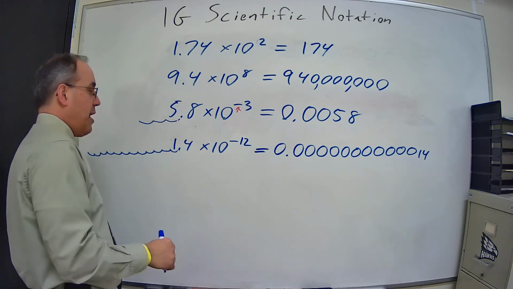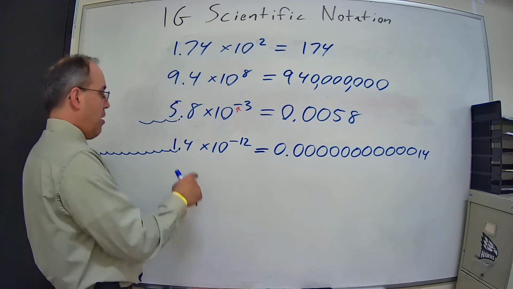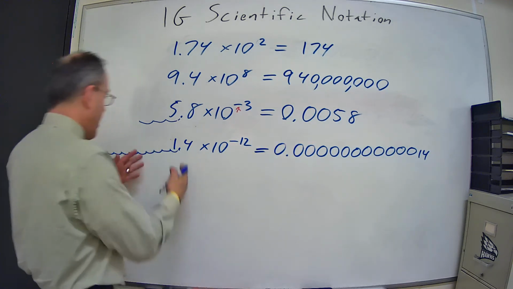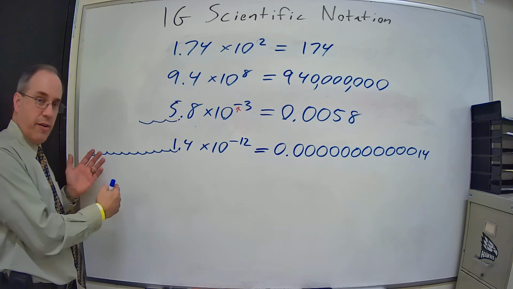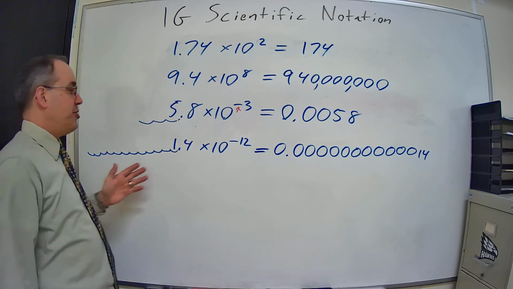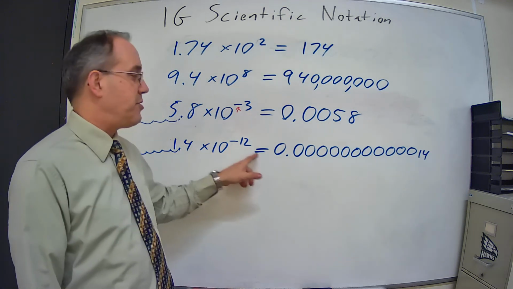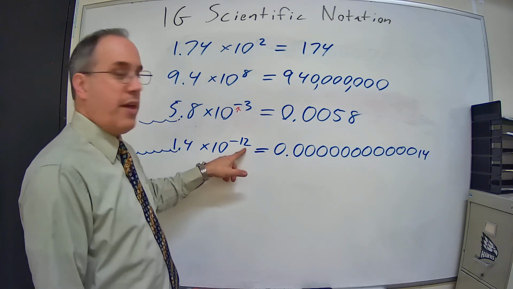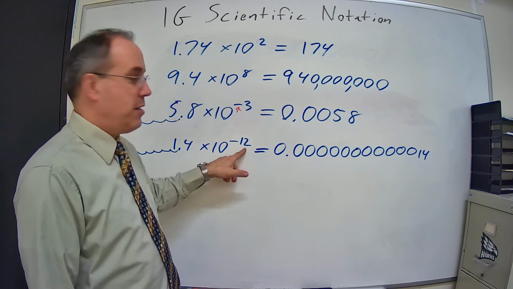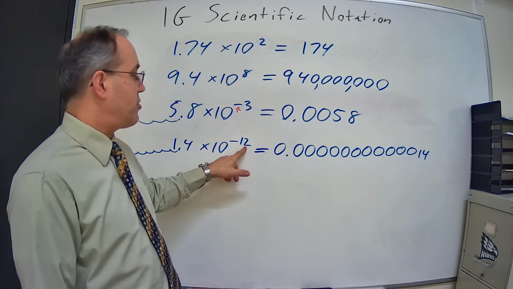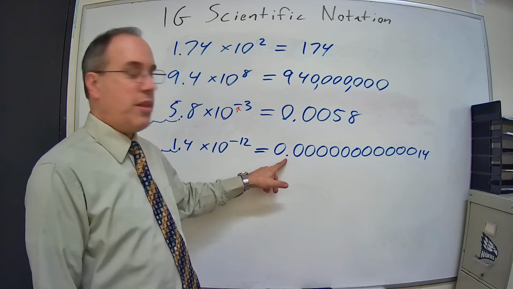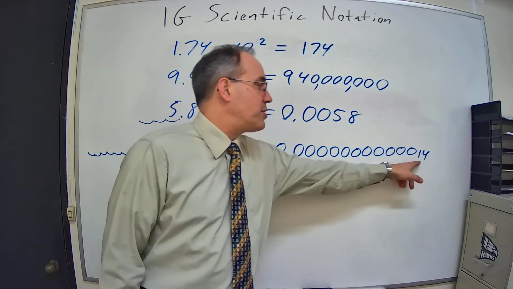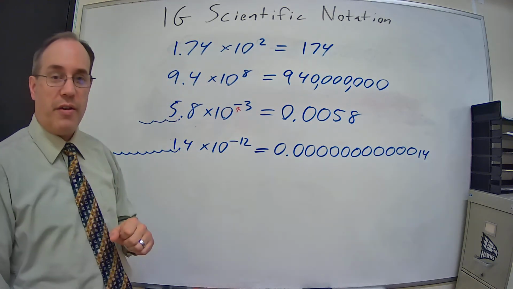So using that thought process, if I want to write this out without having to do all this stuff, I can just put one less zero in front of it after the decimal point than whatever this number is. So this is 12. I say, okay, so that's 0 point, and then I do 11 zeros, and then my numbers that are there.